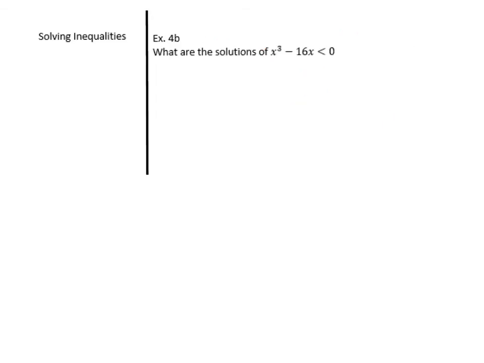Our final example in 3.5 will be solving inequalities. We'll look at finding zeros and we'll look at end behavior to solve inequalities using higher ordered polynomials. When you solve inequalities, the first thing you want to do is figure out the degree and then the end behavior, just like we did before.